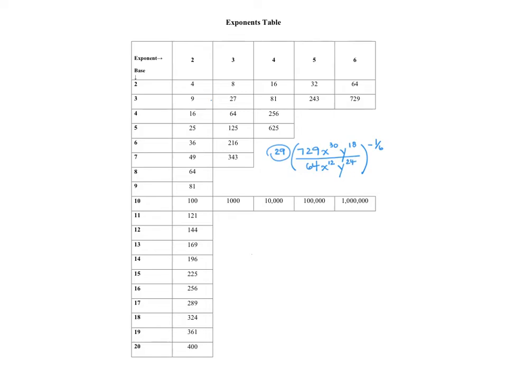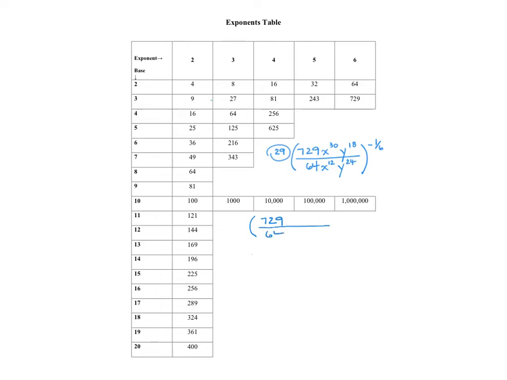And the last problem I want to go over with you is number 29, which I've already put up here. There's a lot going on here, so I'm going to see if I can simplify a little bit first. I'll keep the 729 and the 64. But I notice that I have x's in both the numerator and the denominator, and the rule when we divide is to subtract.